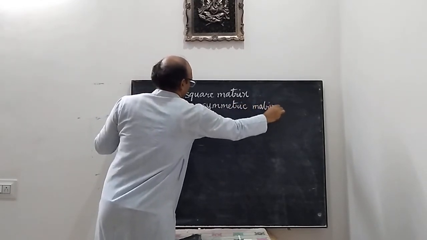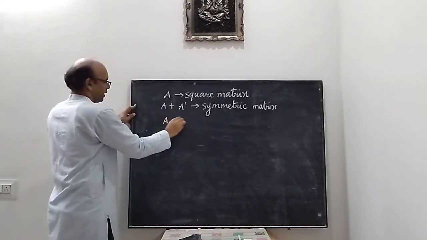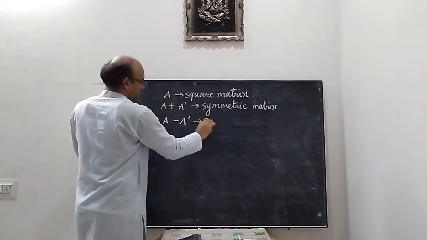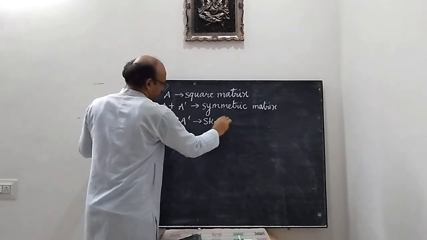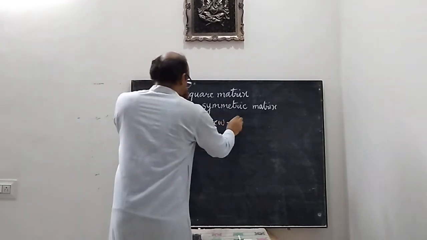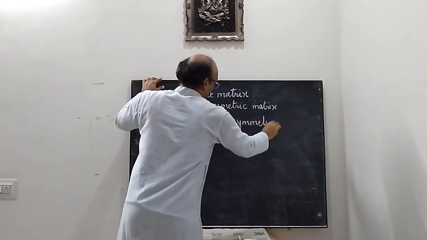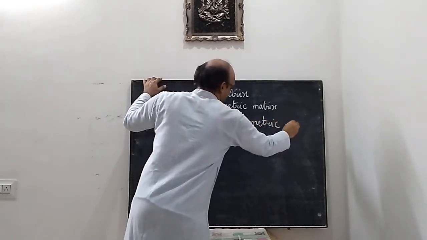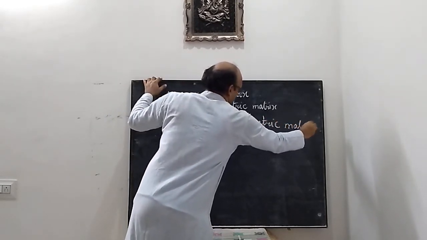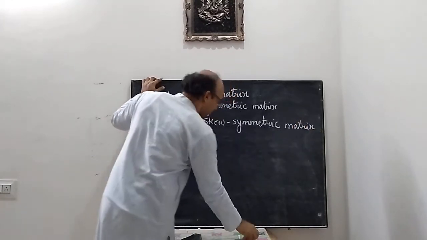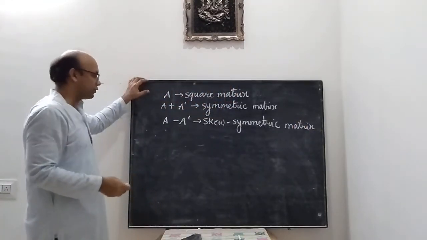And similarly, A minus A transpose is always a skew symmetric matrix. How to prove this?